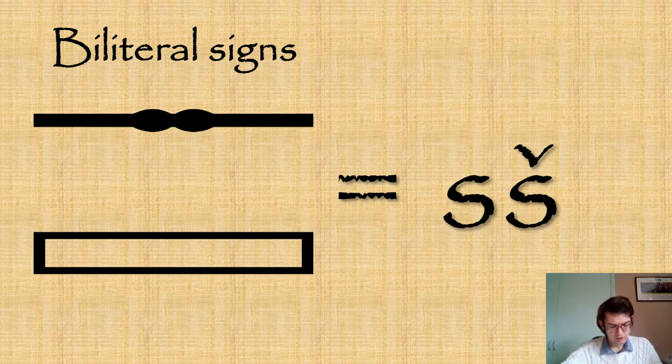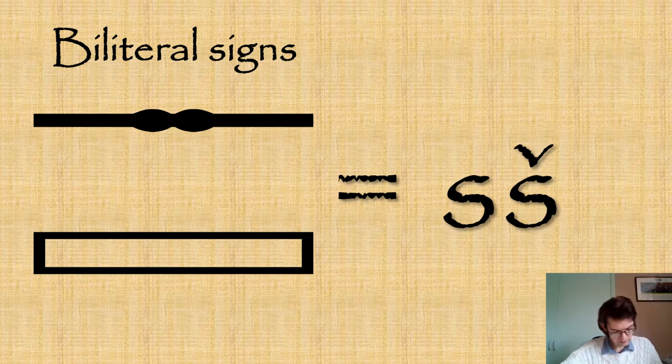For instance, if you wanted to write sesh, a very important word in Egyptian, it conveys the idea of writing, you could just do this. You could use the alphabetic sign for s, the bolt, the alphabetic sign for sheen, the pool, and there you have it, sesh. But that's not what you do.